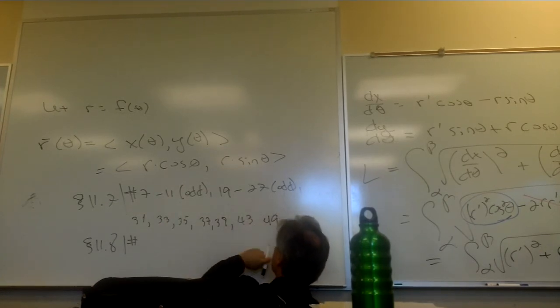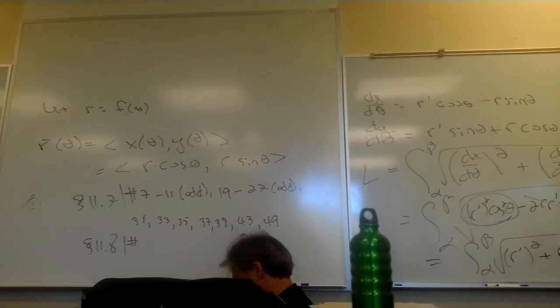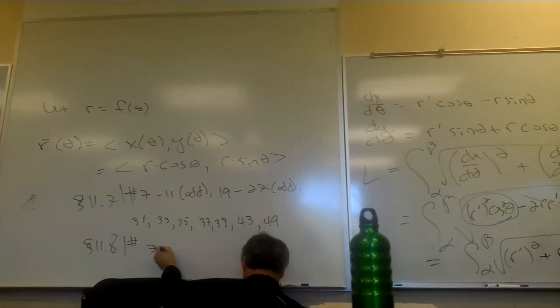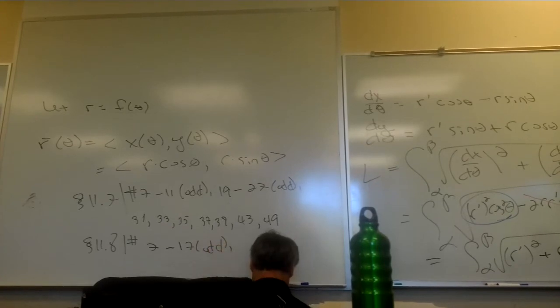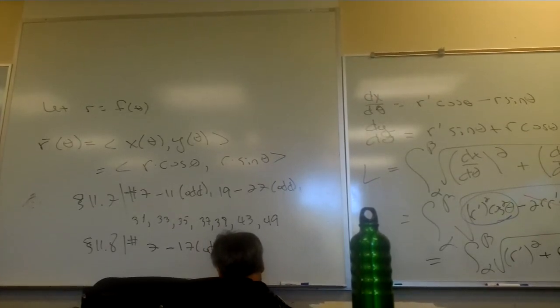It's 43, comma 49. Okay. Can you guys take a peek at 11.8? Just not that much in here. Look at 7 through 17 odd. Oh, you know what? I hate even numbers, you guys, but this one's so nice. You've got to take a peek.